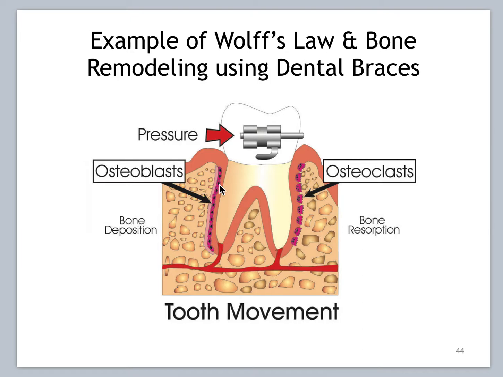Remember, osteoblasts build bone, so they fill in the space with new bone. Since this area is under compression, in the direction the tooth is going, osteoclasts come in and break down the bone. They resorb the bone. Through the process of resorbing the bone here and laying down bone there, you allow movement of the tooth from left to right. And that's basically how bones remodel based on the forces applied to the bone.